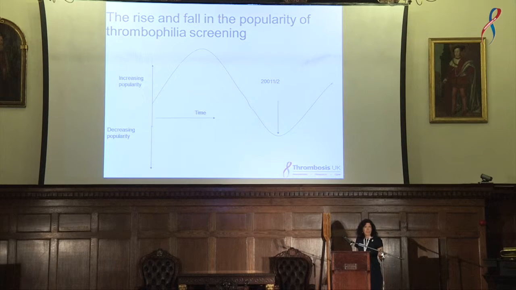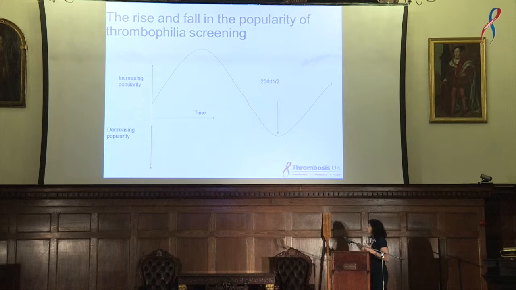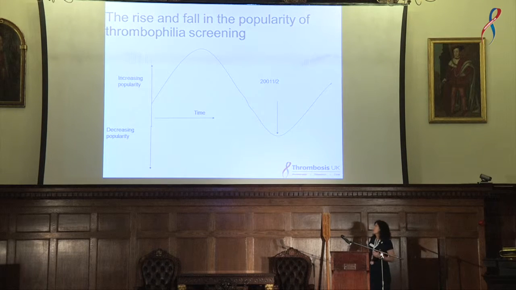And when they arrived, we thought, this is the answer to everything. We can look at people who've had a blood clot, if they've got a family history, and we'll be able to say, this is exactly the problem that precipitated the blood clot. So we thought, yeah, let's go for it. So everyone was doing thrombophilia screens right, left, and center.